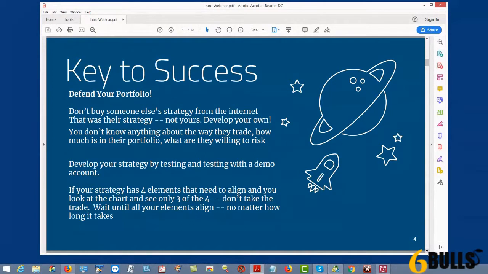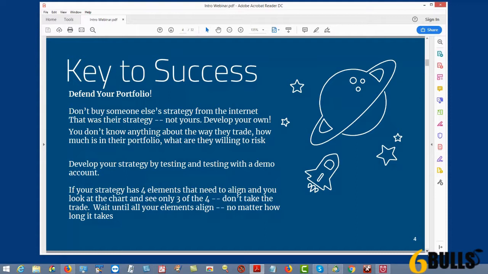You can go on the internet and you'll find lots and lots of strategies on the internet that you can buy, people selling. I always tell people, never buy a strategy that you find on the internet. And the reason is because you don't really know anything about the person who's selling that strategy. You don't know how much money they have in their portfolio. You don't know the way that they trade.